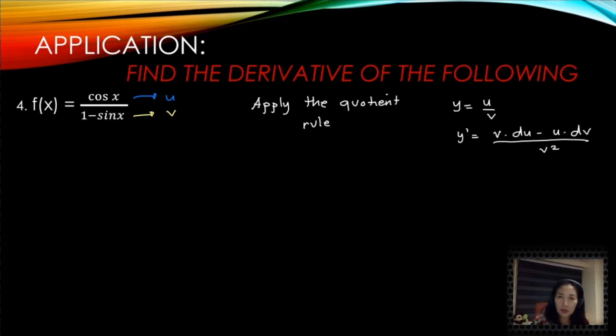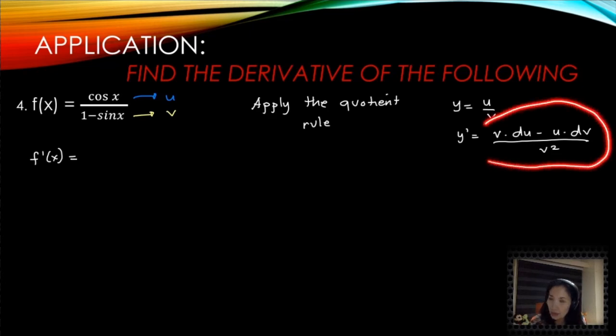So now let's proceed. f prime of x is equal to v du minus u dv.